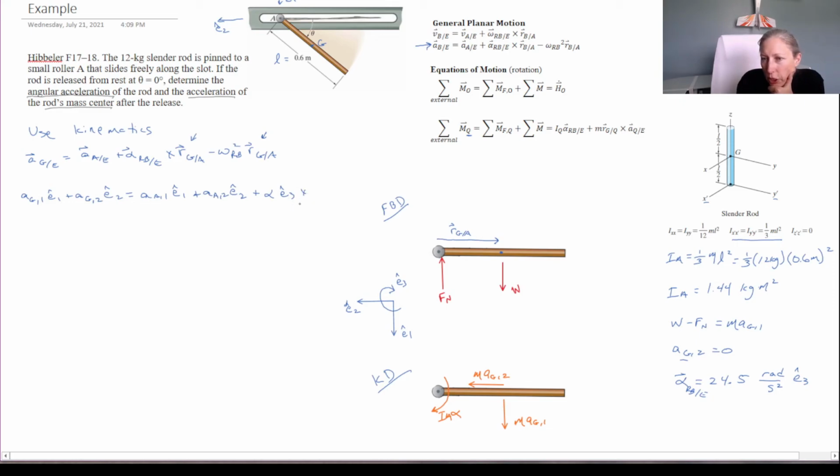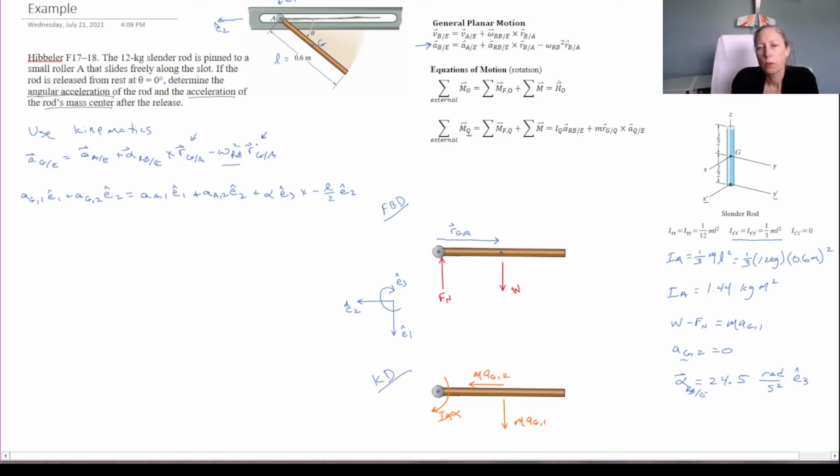Cross the position of G as seen from A, and that's going to be negative L over 2 in the E2 direction, I think. Let's just check that. Does that look right? Negative L over 2 E2. Okay, good. And now, what about omega?